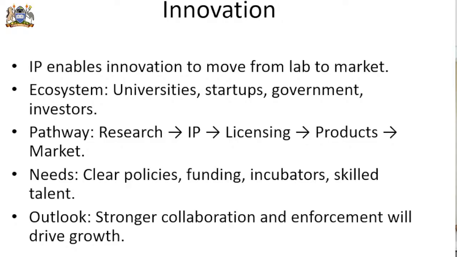So in general, and to repeat what I said earlier, the research, IP, licensing, products, and market, that seems to be the general process of getting ideas from the lab to the market.